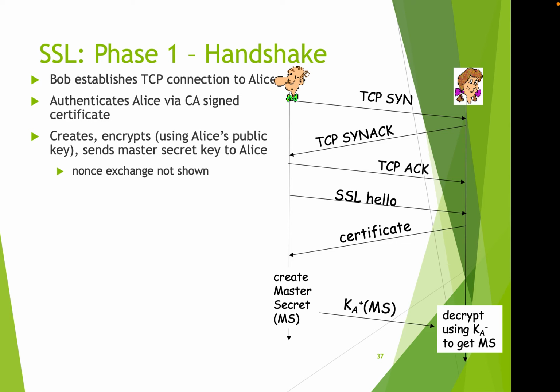Once Bob has already been sure about Alice's identity, Bob can create a master key and encrypt that master key with Alice's public key. So here public key cryptography plays an important role both in authentication using signatures and also in key management.